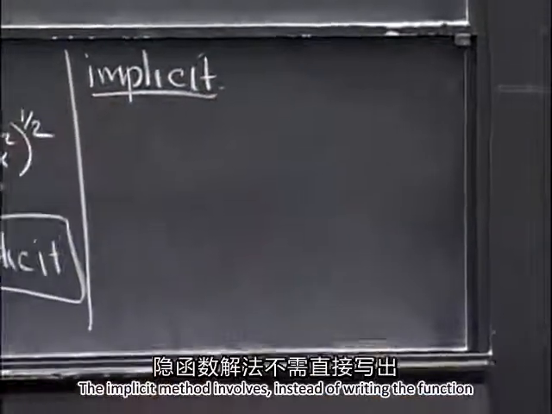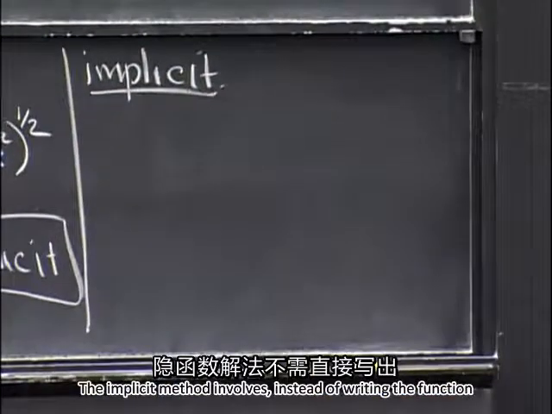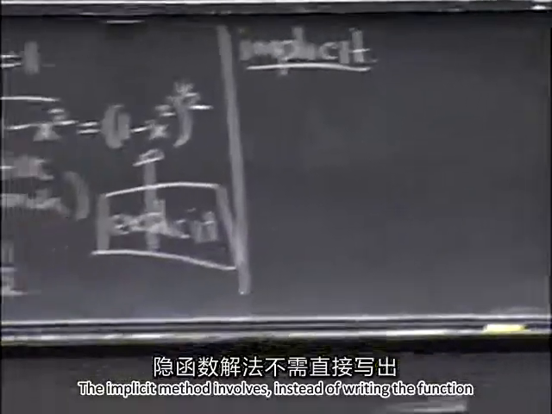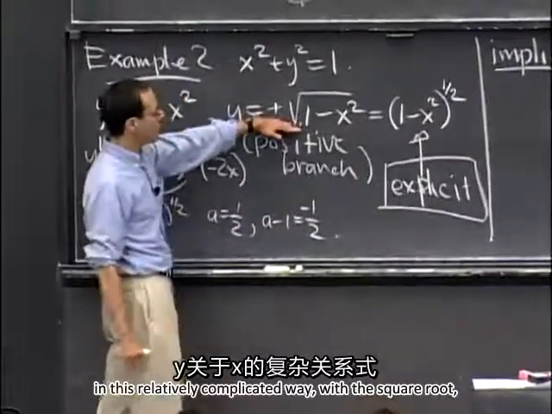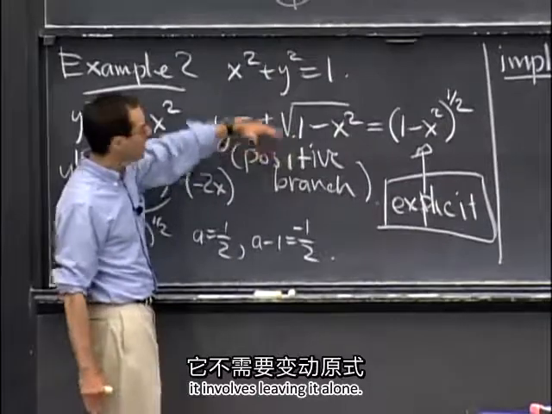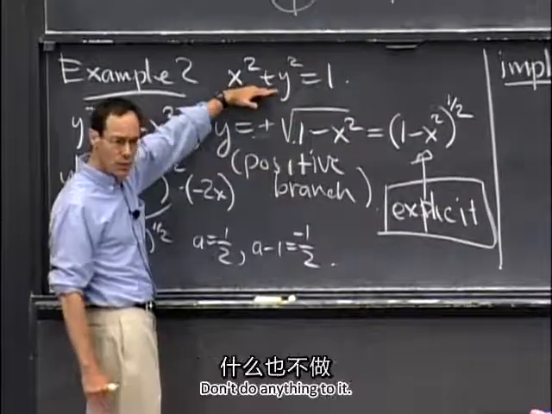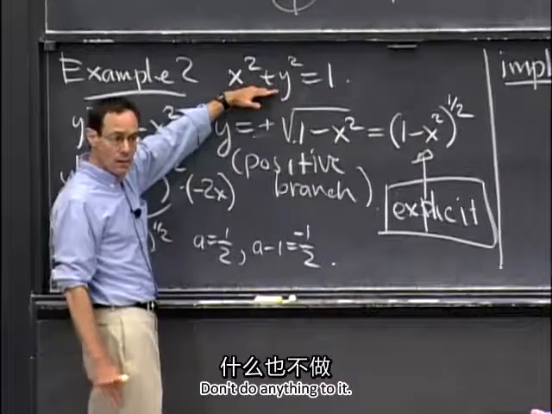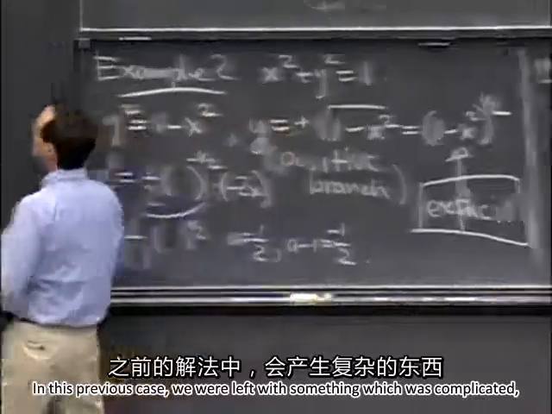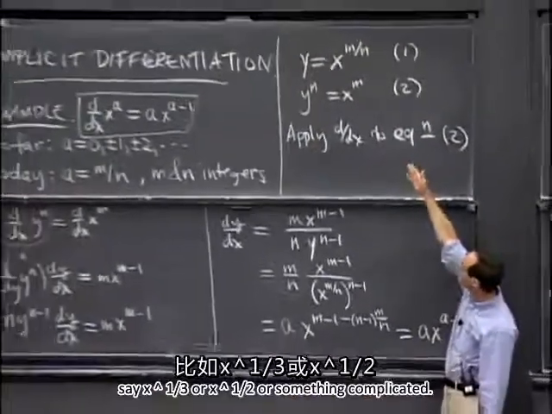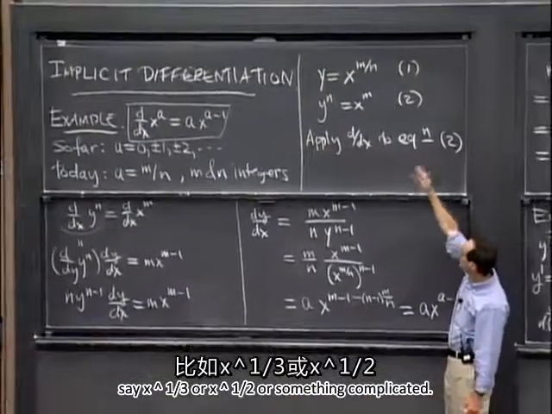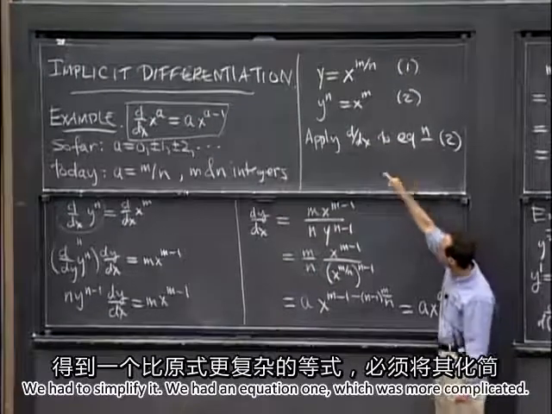The implicit method involves, instead of writing the function in this relatively complicated way with the square root, leaving it alone. Don't do anything to it. In this previous case, we were left with something which was complicated, say x to the 1/3 or x to the 1/2 or something complicated, we had to simplify it.